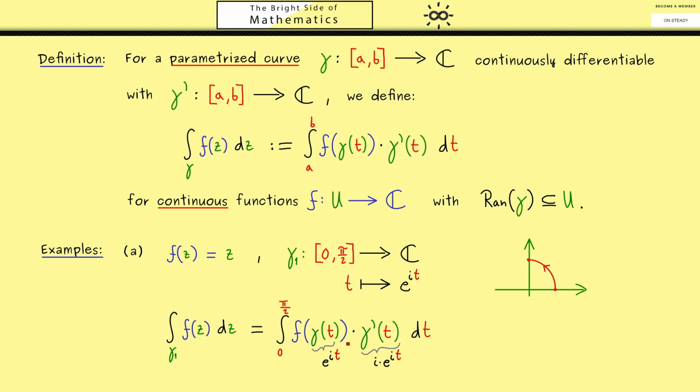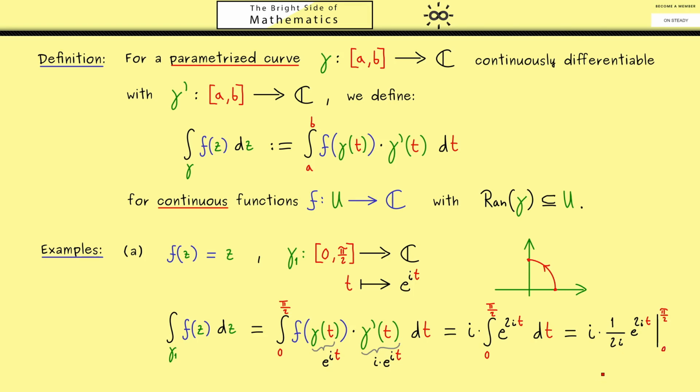And now because the function f is the identity, we just have to multiply these two terms here. Therefore, let's put I in front of the integral. And then inside we see that we have e to the power 2it. And there we have already learned that we can simply use the antiderivative of this function here. And this one will simply be 1 divided by 2i times e to the power 2it. And then we evaluate this at 0 and pi half.